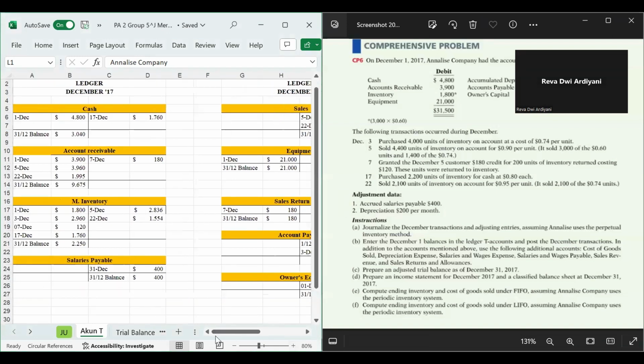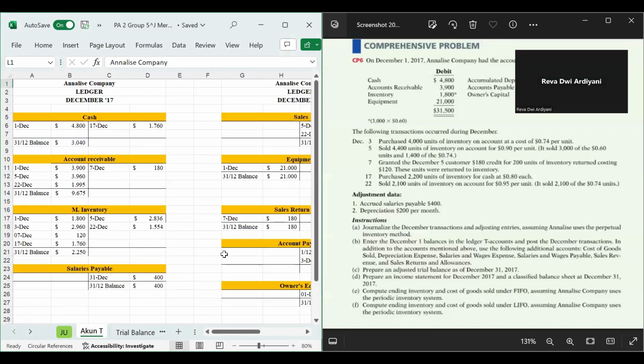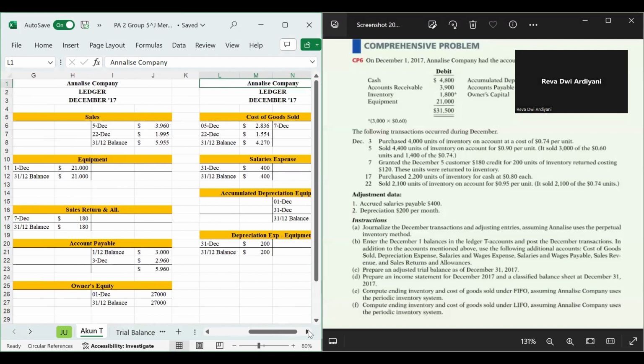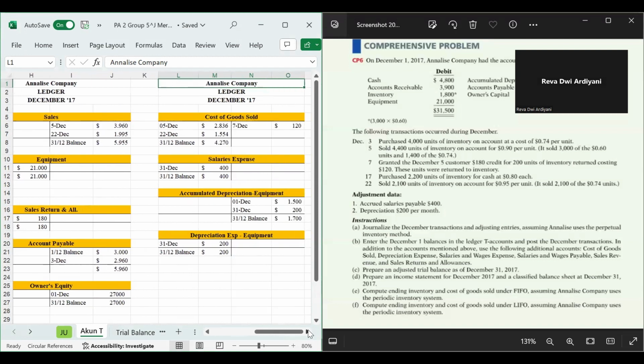Here are several accounts that have been combined from transactions of the past month, namely cash, accounts receivable, sales, merchandise inventory, sales payable, sales returns, accounts payable, and cost of goods sold, salaries expense, accumulated depreciation equipment, and depreciation expense equipment. Okay, next is the trial balance, moderator.